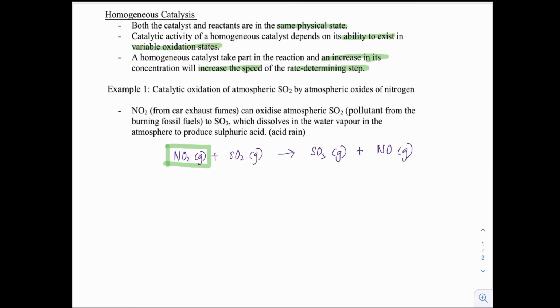Alright, so continue from here. When we have this NO, nitrogen monoxide, it will be able to oxidize to form the NO2 gas. And the third step is that the SO3 gas will react with water to form sulfuric acid.